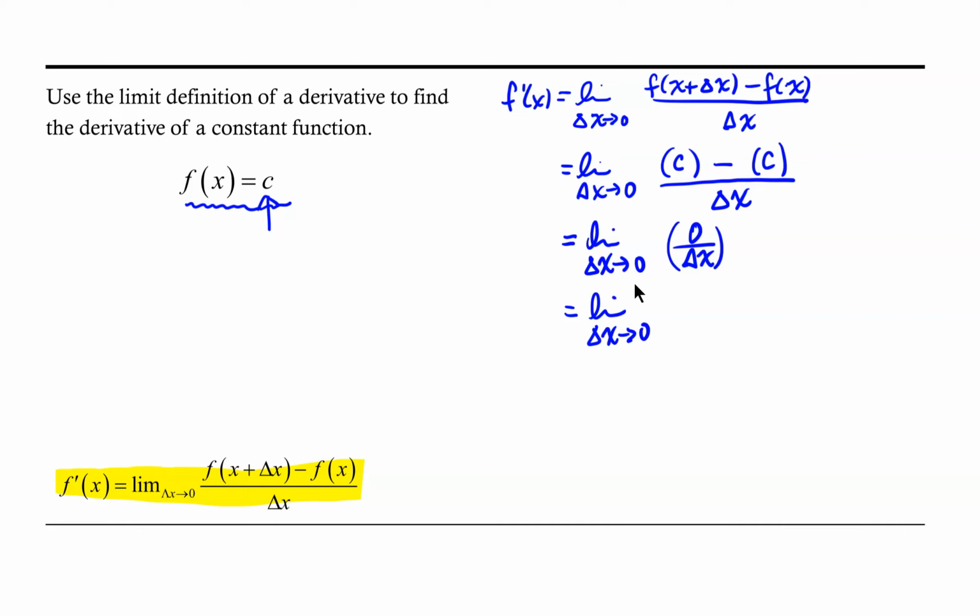So we have the limit as delta x goes to 0 of 0, which is going to give us 0, because as delta x approaches 0, 0 does not change. It remains 0. So for f of x equal to c, some constant, any constant, f prime of x will be 0.